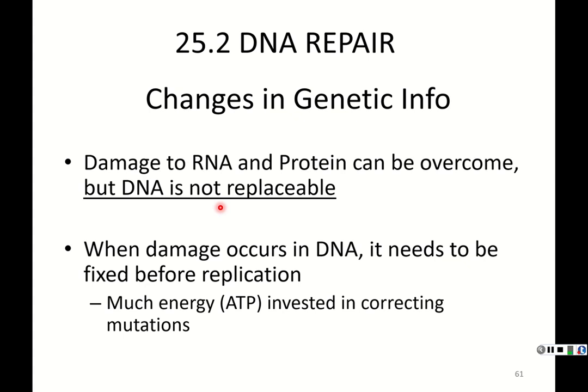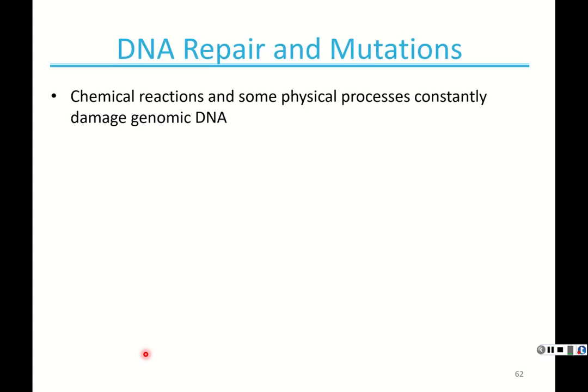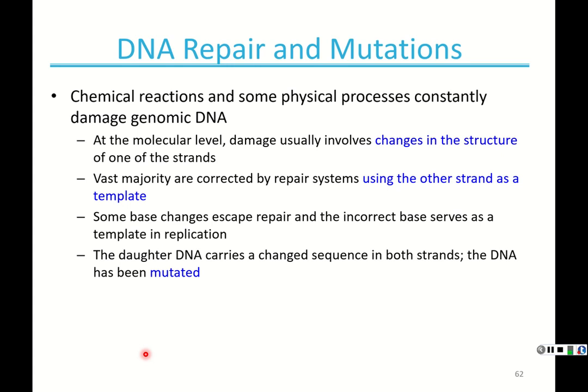So if there's damage there and you have a different base pair come in, a mutation, if that's not repaired before replication, that mutation will be passed on to the next daughter cell line. And because of that, the cells spend a lot of energy in the form of ATP to correct these mutations. So at a molecular level, damage usually involves changes in the structure of one of the strands.